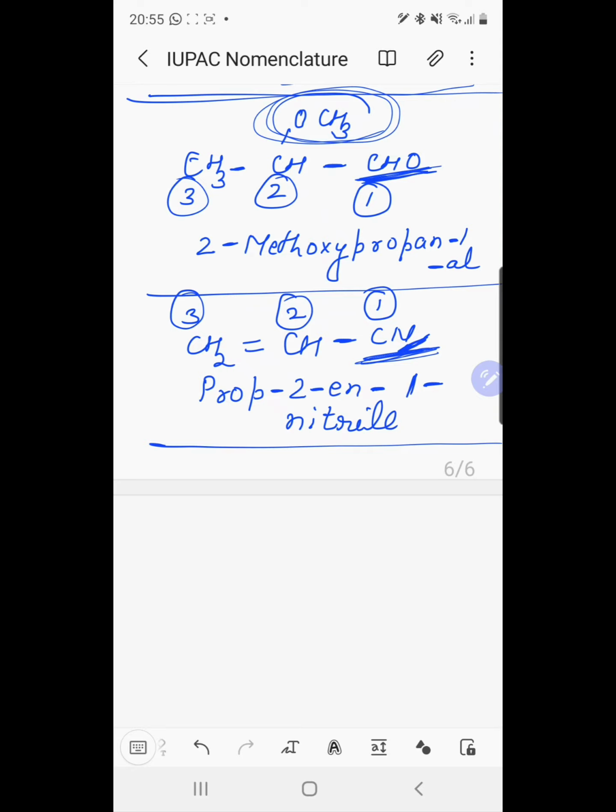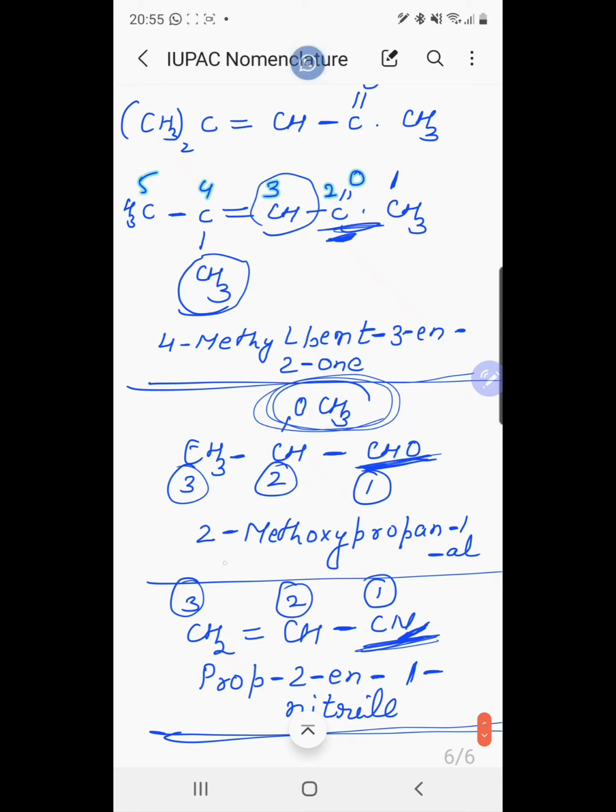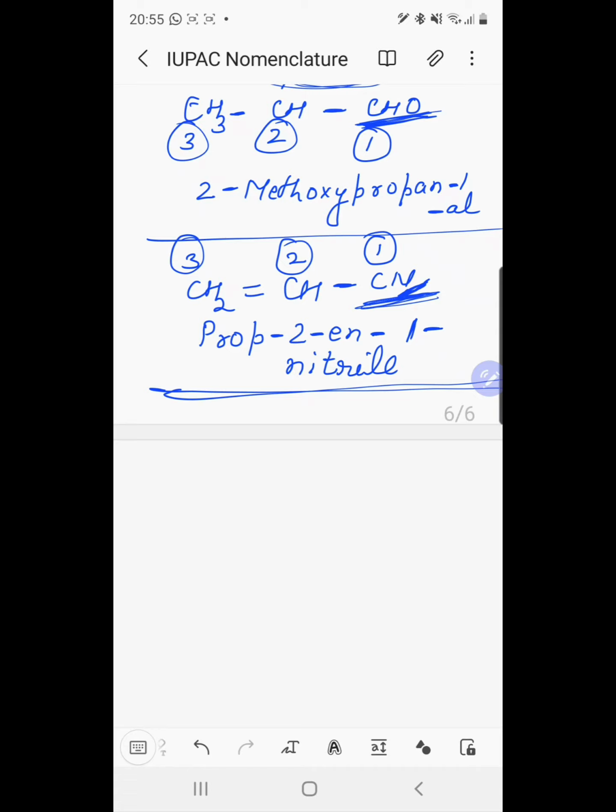So this is all about the nomenclature of compounds containing one functional group, multiple bonds and substituents.